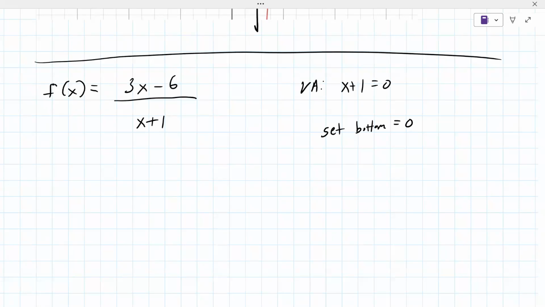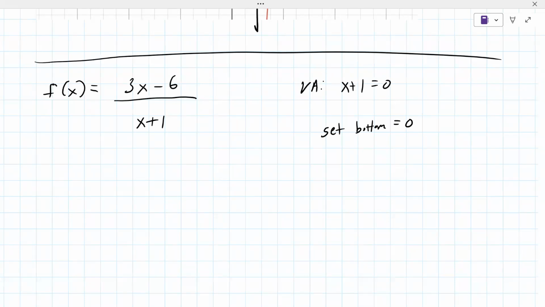Let me know when you got that down in your notes, please. Okay, so can you solve that for x, please? x plus 1 equals 0. That's an equation.